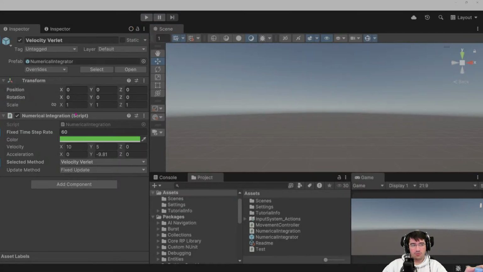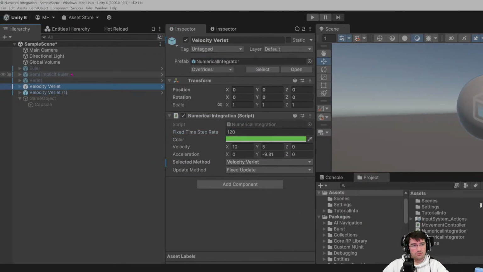And if I drop the... oops, not on this one. Actually, okay. 120, 120, semi-implicit.